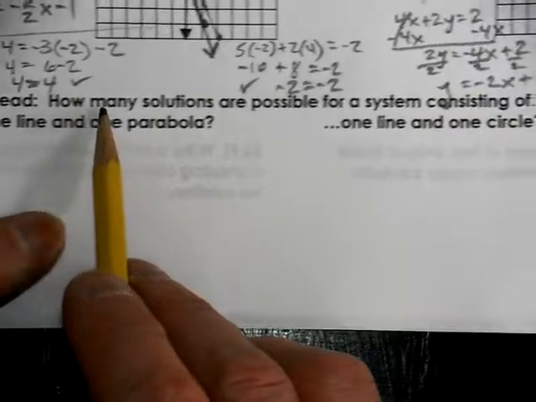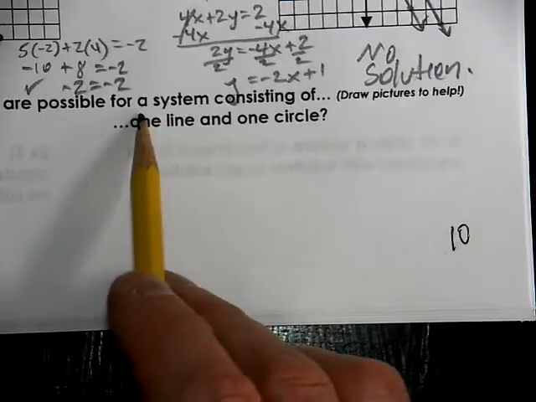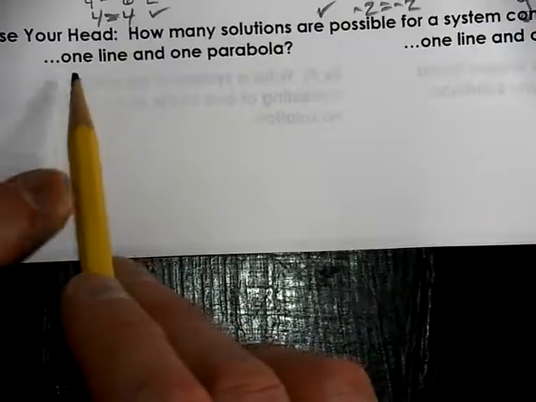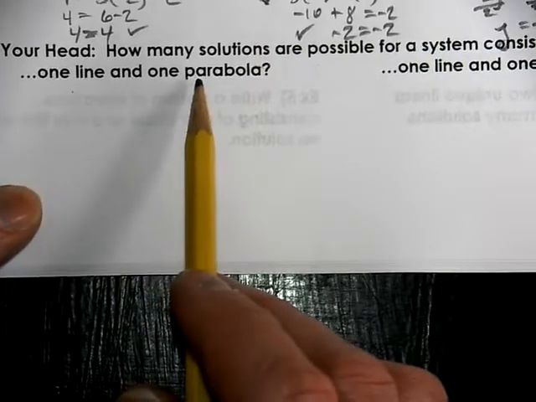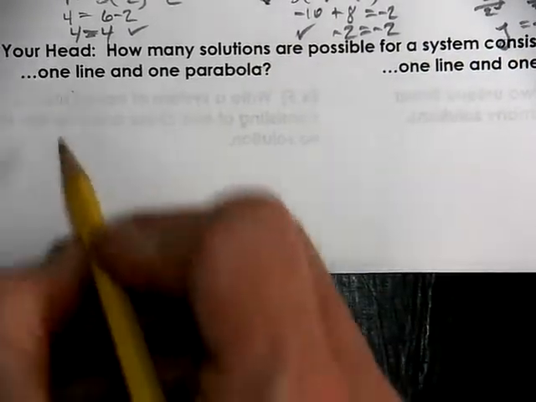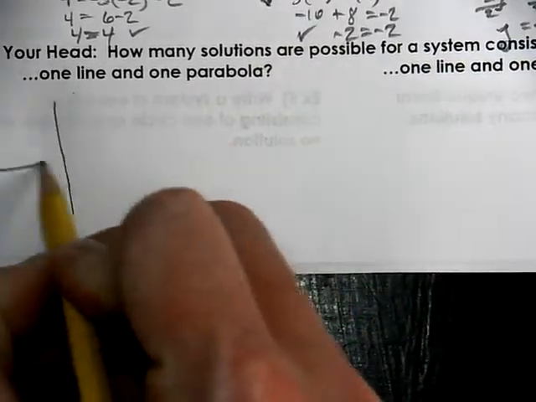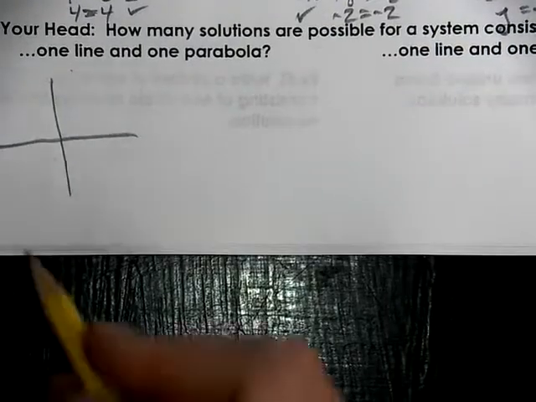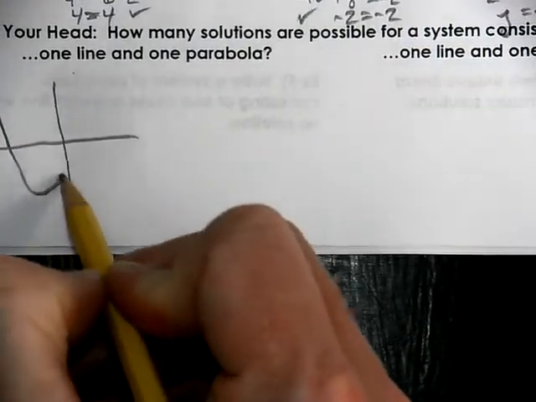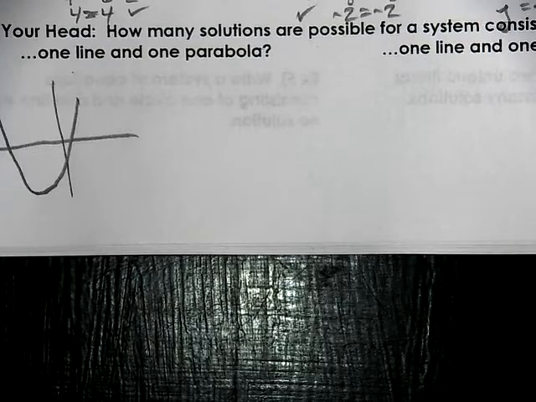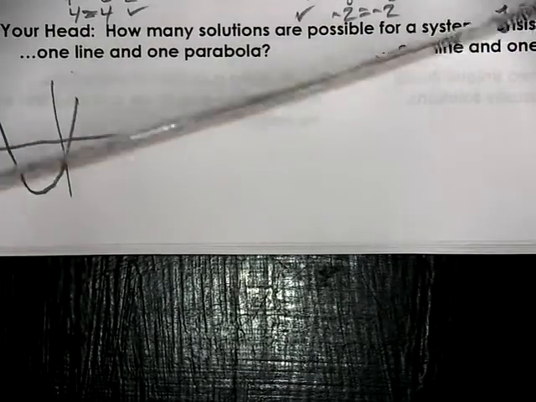All right, we're going to come over here. And how many solutions are possible if we have one line and one parabola? What does that mean? Well, if we have a parabola, we could have a line that clearly intersects both.